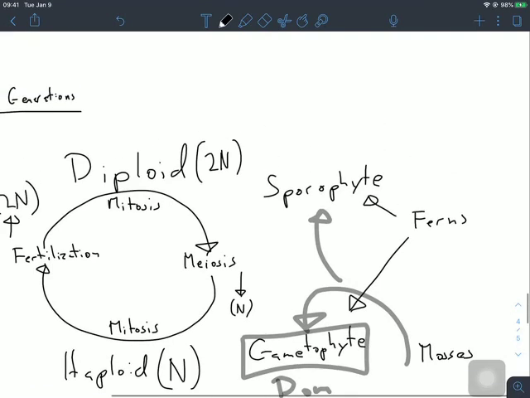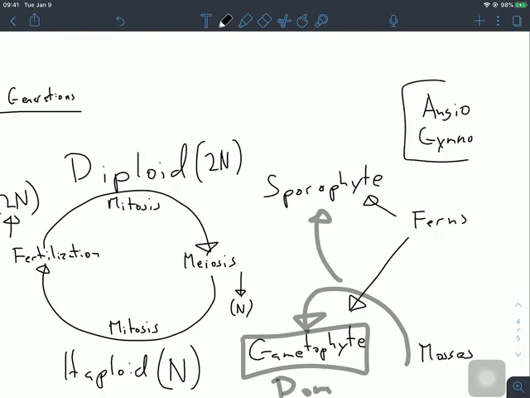By the time we get to some of our higher plants, like gymnosperms, or our cone-bearing and our flower-bearing plants, the angiosperms, you have a sporophyte that's so dominant that the gametophyte is now nutritionally dependent on the sporophyte.